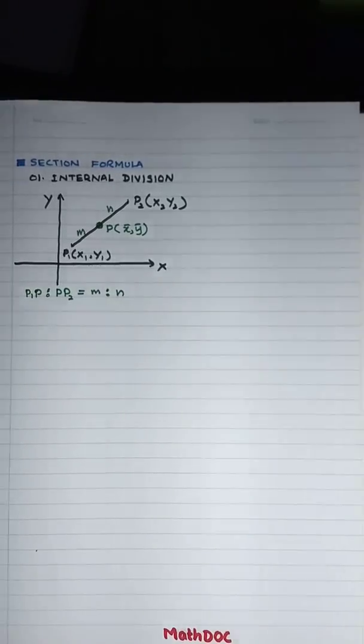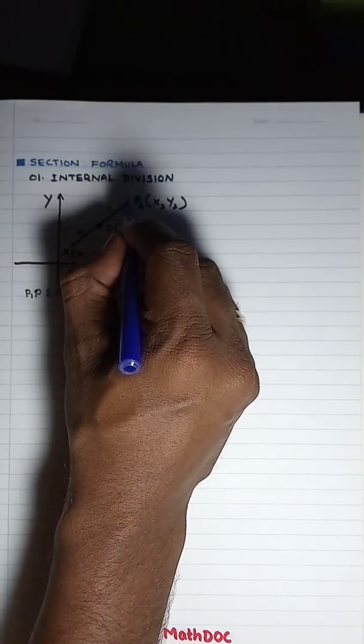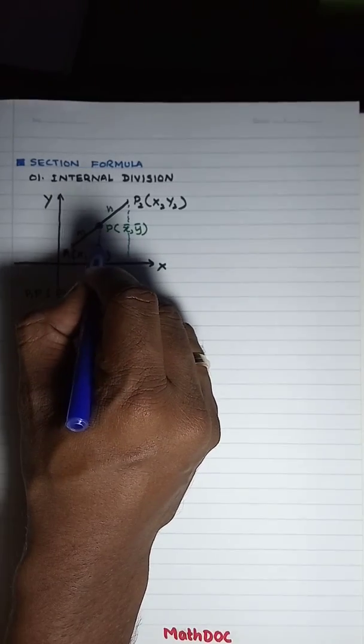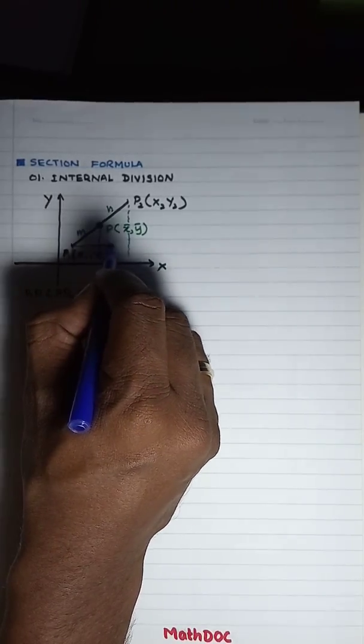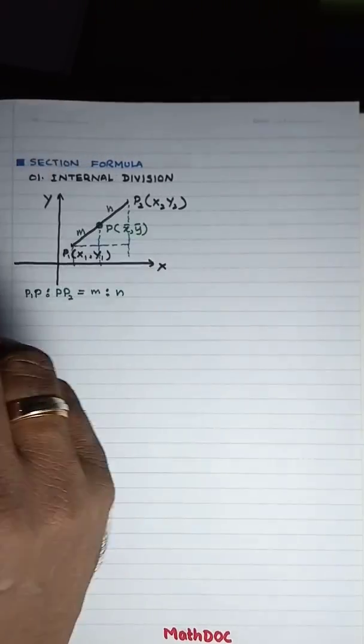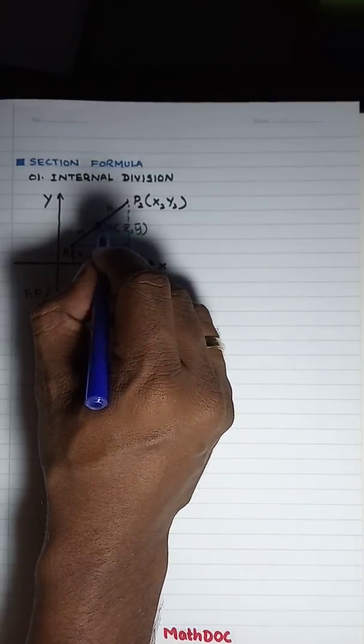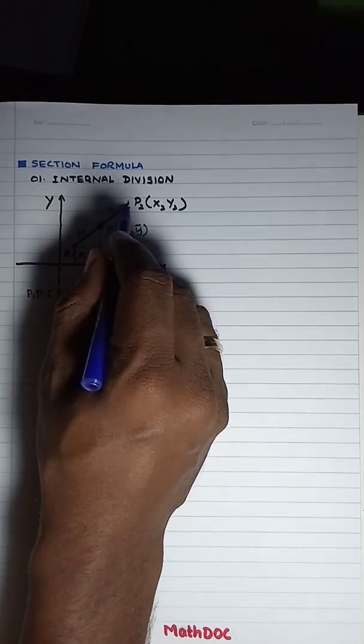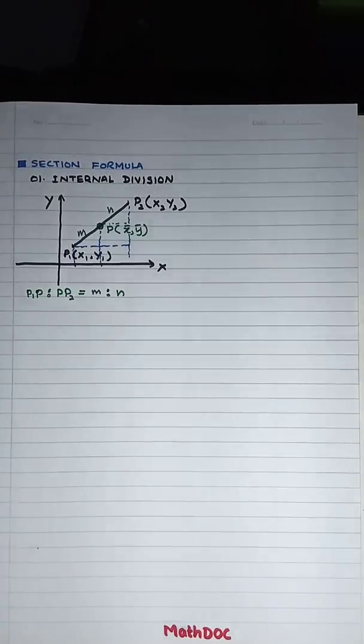When finding the coordinate of P, you can consider these two triangles. They are similar triangles.